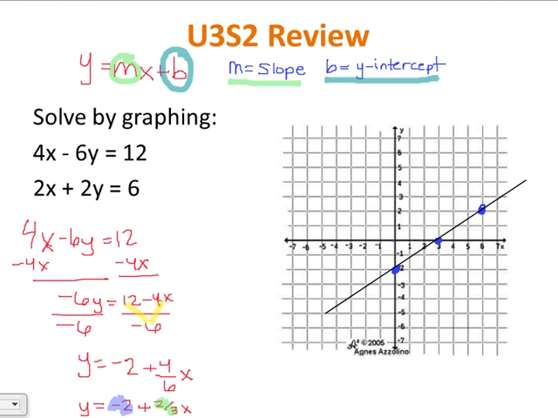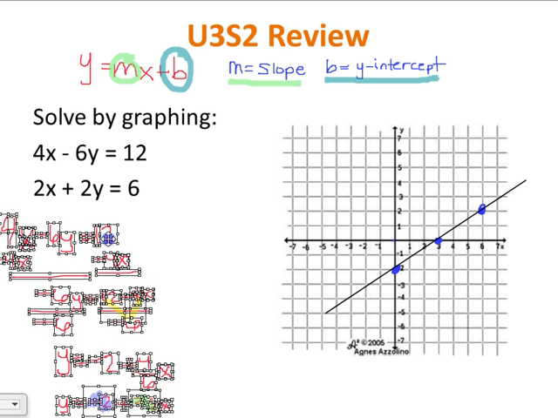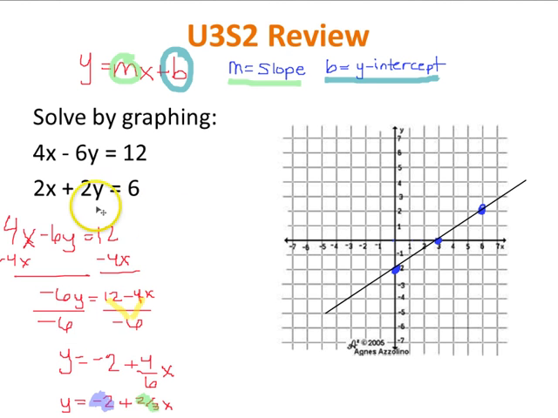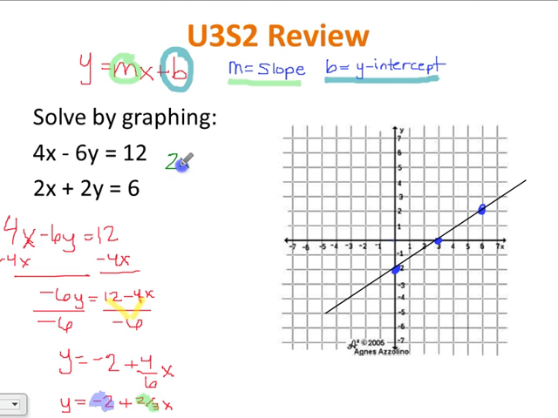And then we're going to do the same thing with our other equation. I'm going to move this over a little bit so that I can get the other equation plotted. Let's do that in green. We've got to solve 2x plus 2y equals 6.